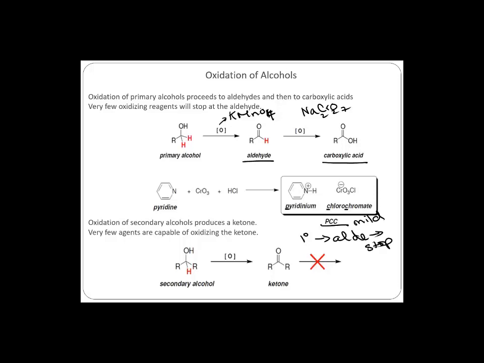The second thing I want you to note is that a secondary alcohol, once you oxidize it, you have a ketone, but there's no more hydrogens to remove, so there is nothing you can do further. And lastly, a tertiary alcohol has no hydrogens on the alpha position to remove, so there is no oxidation that's going to happen in the same way that we've seen before.